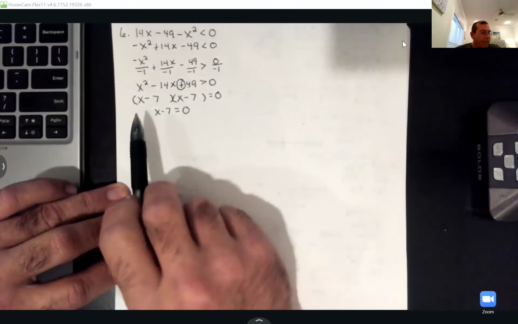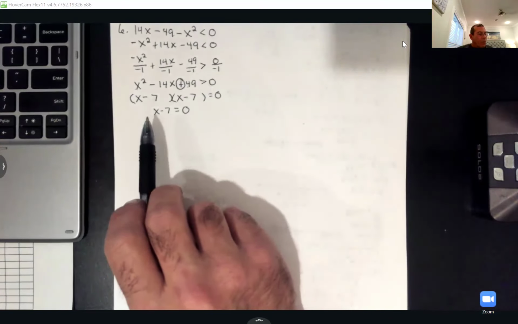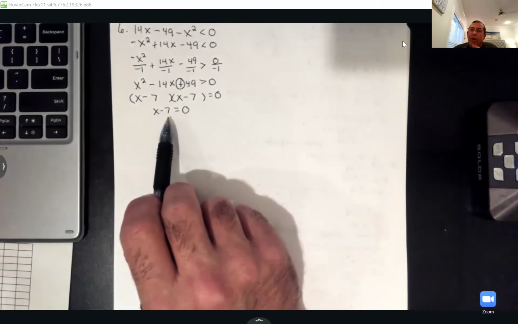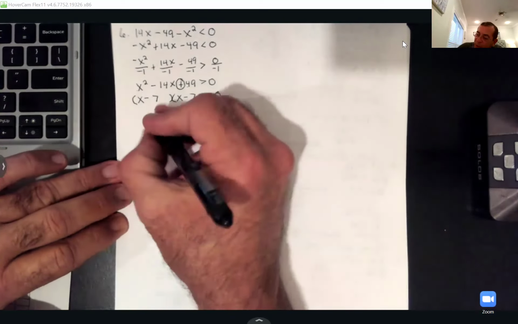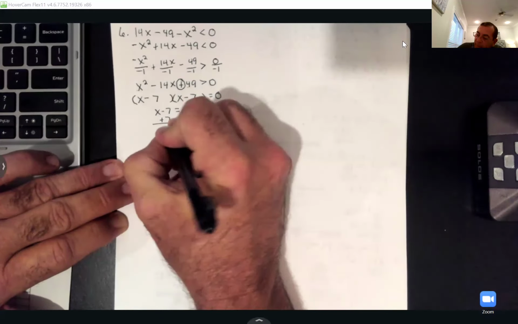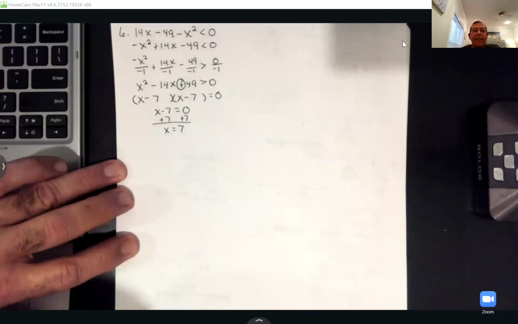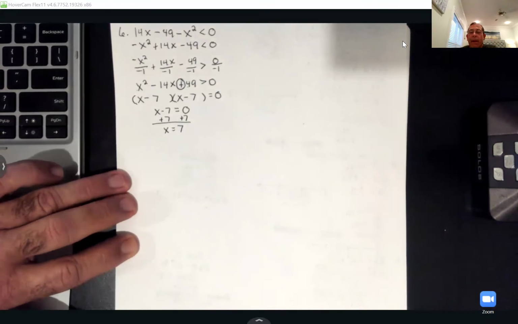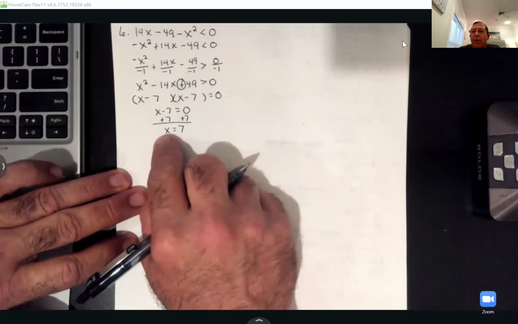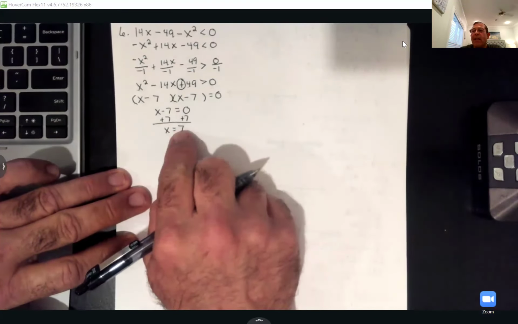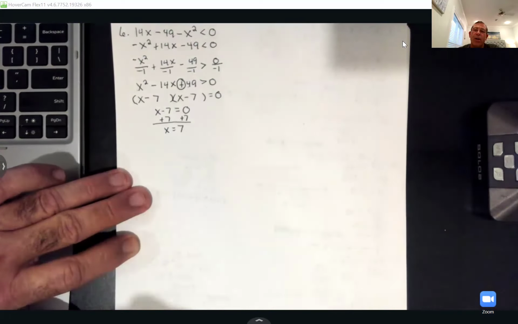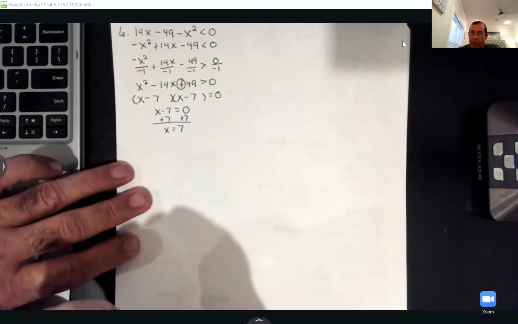So remember, we said if we only get one solution, which is all I'm getting out of this, is an x equals 7. So I don't even have to set up my number line because I've only got one number. And we said if we only got one solution, that's the only number we gotta exclude.